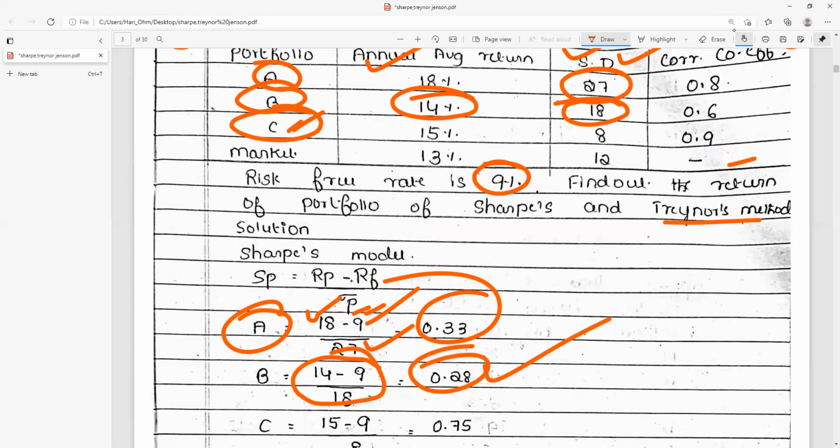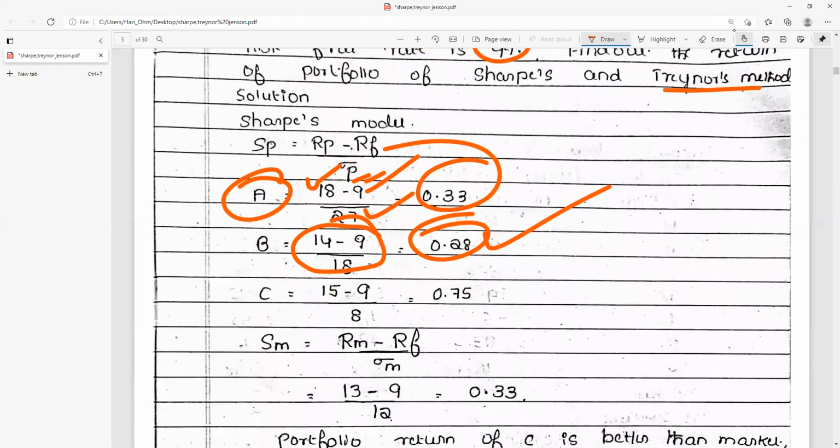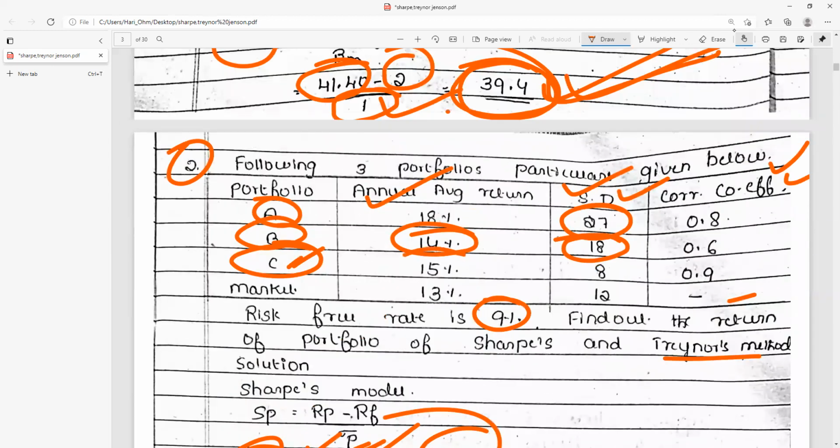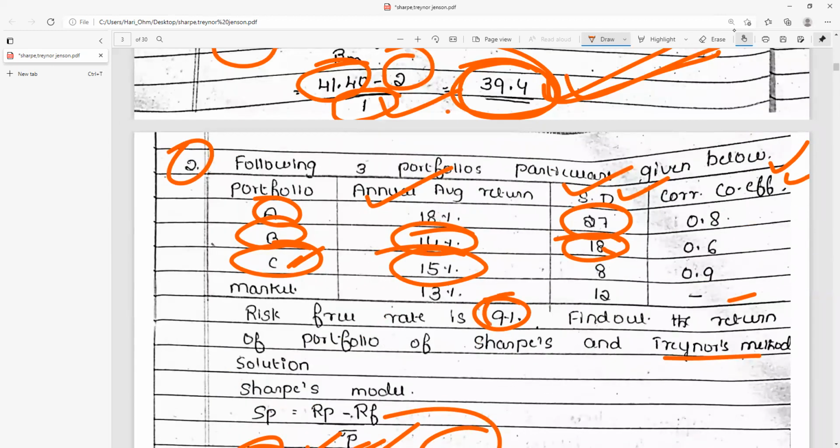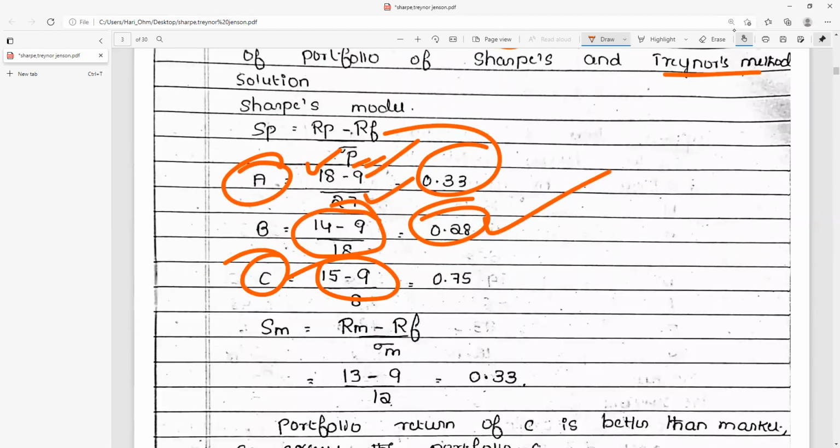So 0.28 is the answer. Then for C, 15 minus 9 divided by 8. So 0.75 is the answer.